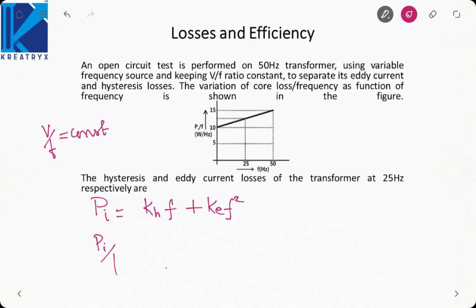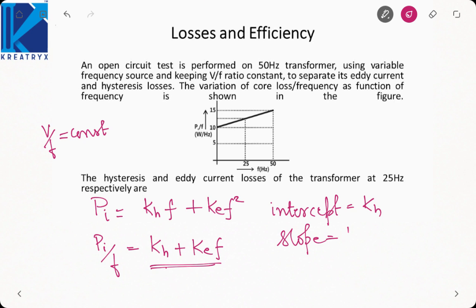If you divide iron loss by F, you will get Kh plus Ke into F, which is the equation of a straight line with intercept equal to Kh and slope equal to Ke. Now if you see from this graph, an open circuit test is performed. Why open circuit test? Because we are determining core losses using a variable frequency source, keeping V by F constant to separate eddy current and hysteresis loss.